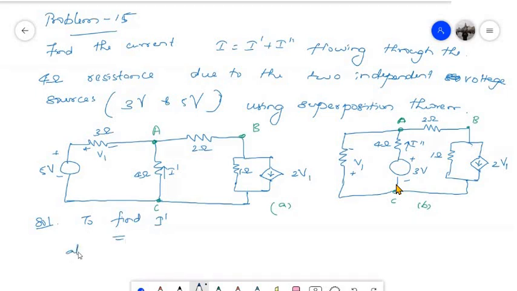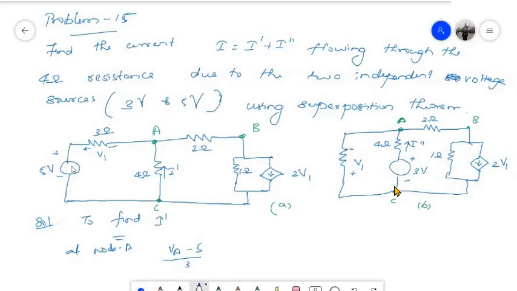Now I can write the nodal equation at node A. When I write this nodal equation, I will be assuming that this node A is at a higher potential than all other nodes, and therefore the current flows from this node to the other places. So when I take the direction of the current in here, here and here, I will be getting VA, which is the potential at node A, minus 5 divided by this 3 ohm resistance.